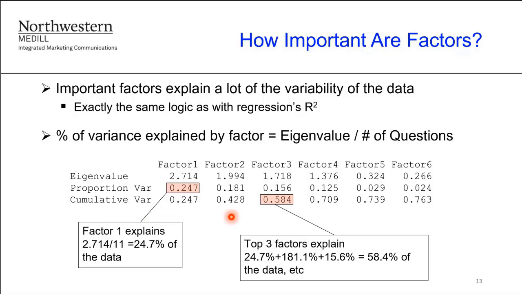And if you add up the proportions of variance for factors 1 to 3, then it is 0.584. So we can interpret this result as: the top 3 factors explain 58.4% of the data, which is the cumulative variance up to factor 3.